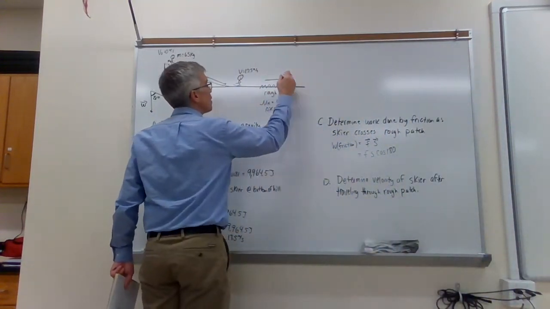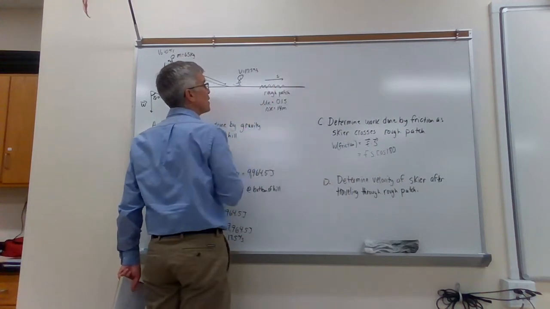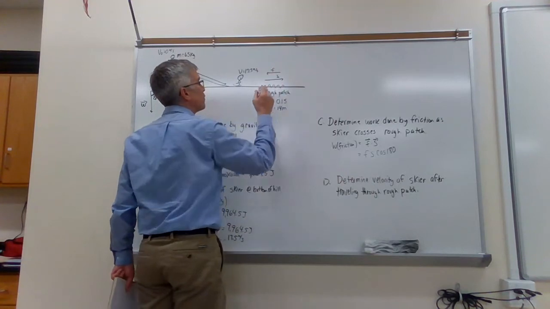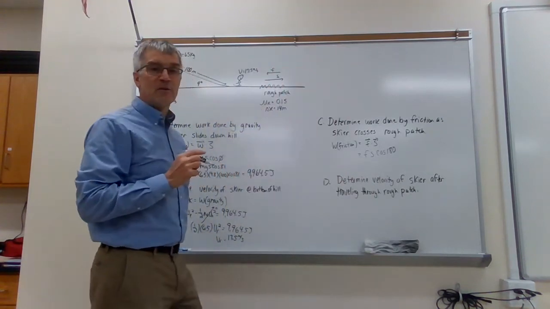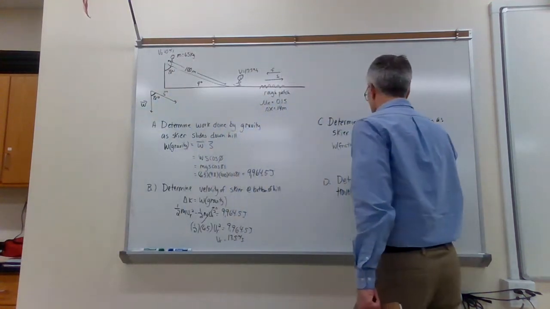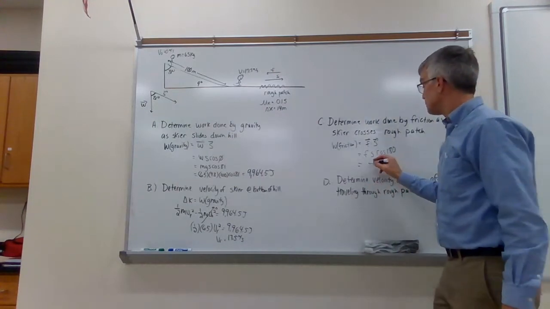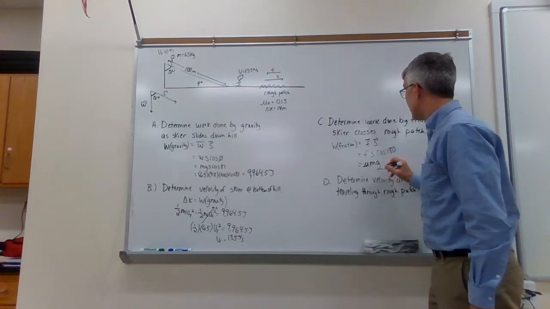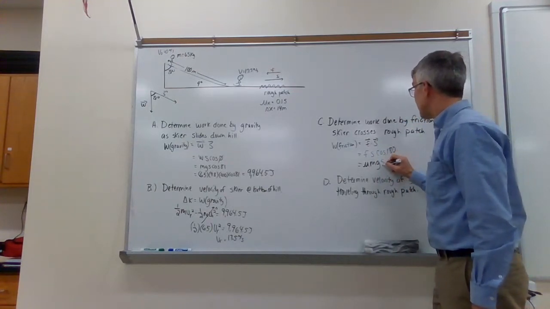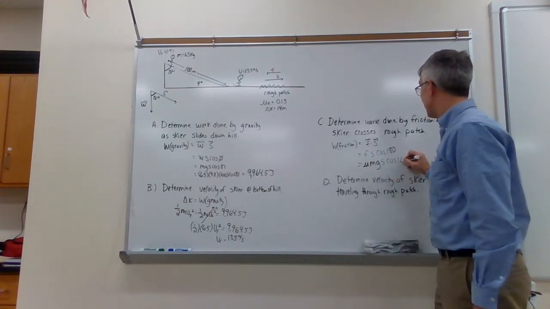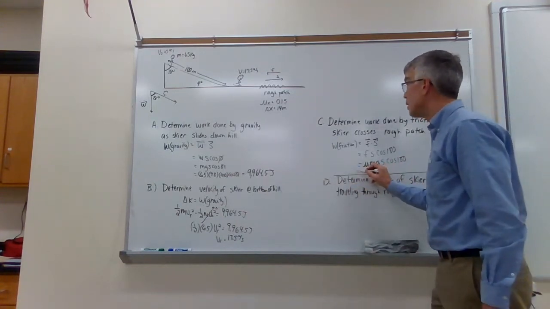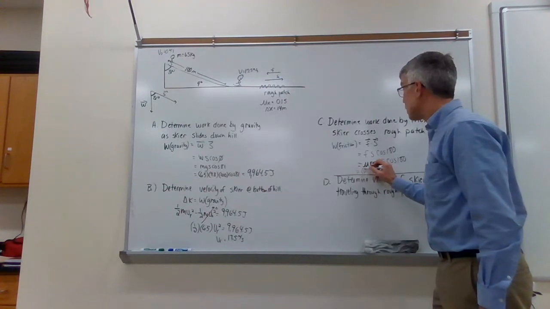In this rough patch, displacement is to the right, the friction force is to the left. They make a 180-degree angle with each other. So the friction force is going to be mu times the normal force times the displacement times the cosine of 180. If I plug in what I know, mu is 0.15.